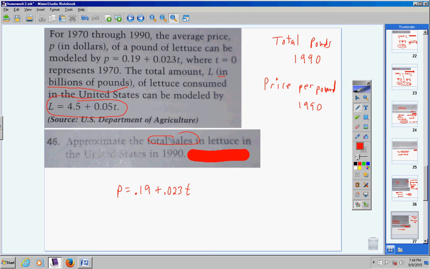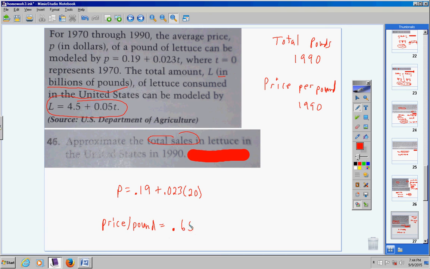And that's what I'm going to do. The year's 1990. So instead of a T right here, I'm going to put 20. And by putting 20 in for T, I should get out the price per pound. So the price per pound equals, here we go, I'm going to type in my calculator, 0.023 times 20 and then plus 0.19, and I'm going to get 0.65.